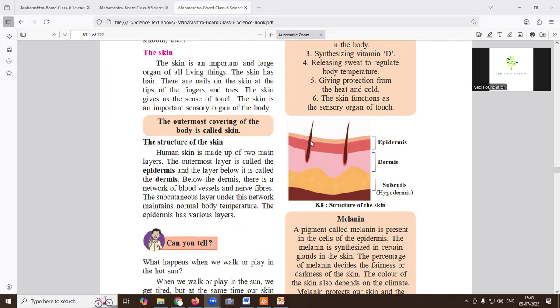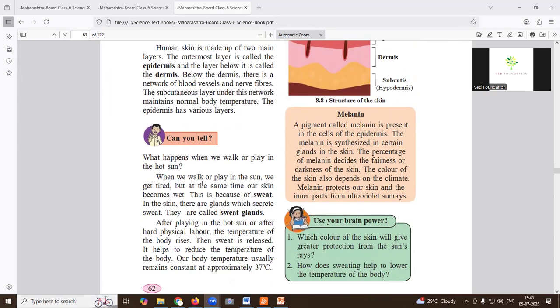Look, the outermost layer is epidermis. Below epidermis there is dermis. Below dermis, there is a network of blood vessels and nerve fibers. And below it, there is hypodermis, the subcutaneous layer, and hypodermis maintains normal human body temperature. The epidermis has various layers.